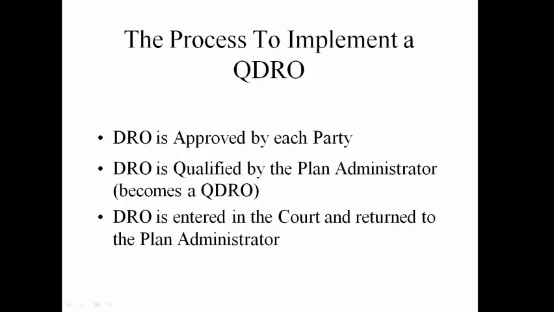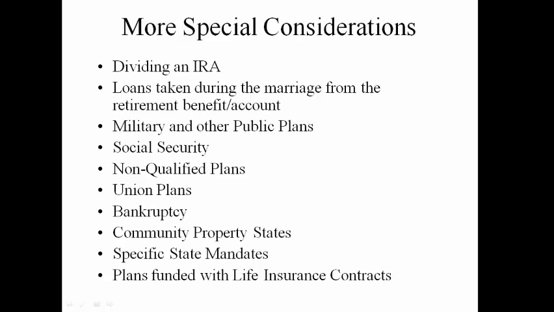Next, also covered in the booklet, beneficiary designations. We have to advise our clients to change the beneficiary designations of the non-retirement plan assets in the marital estate. Life insurance contracts and annuity contracts have beneficiary designations.